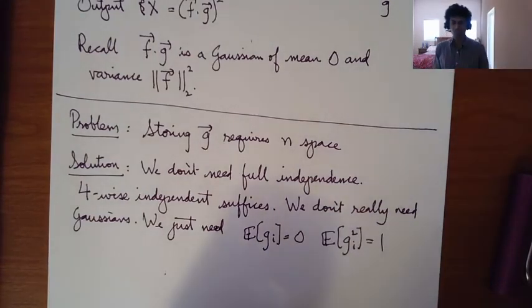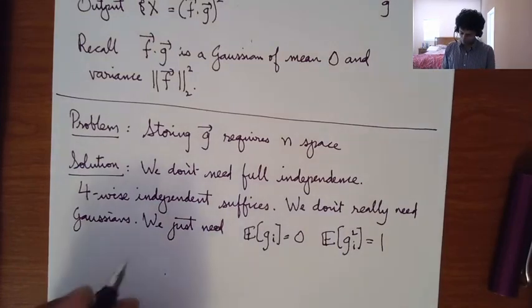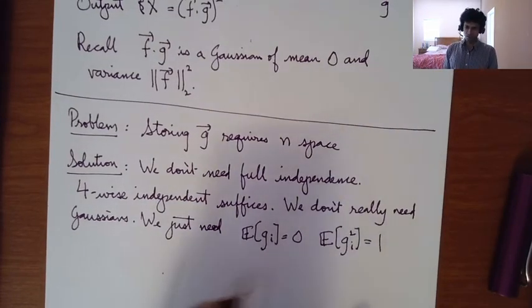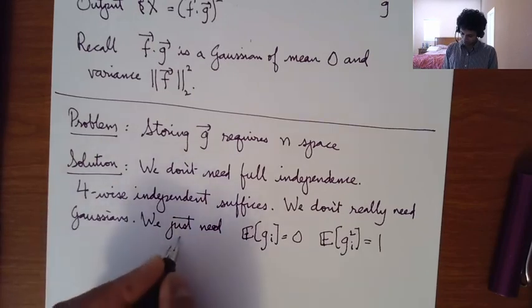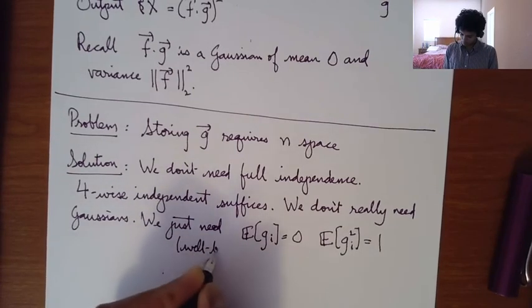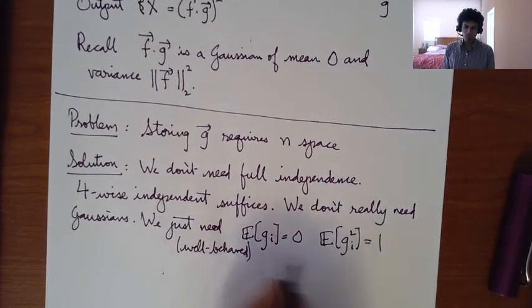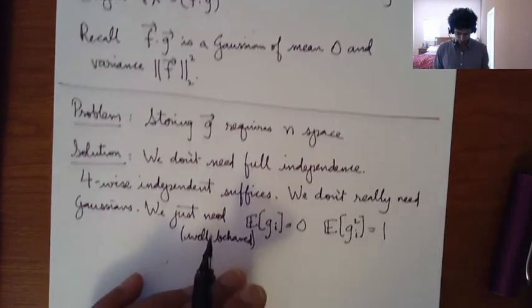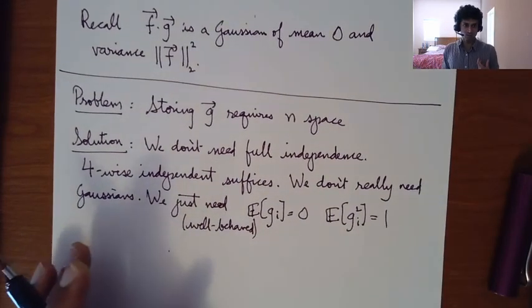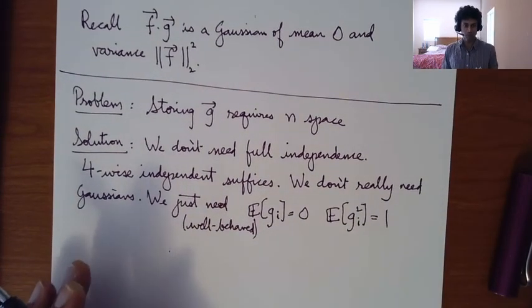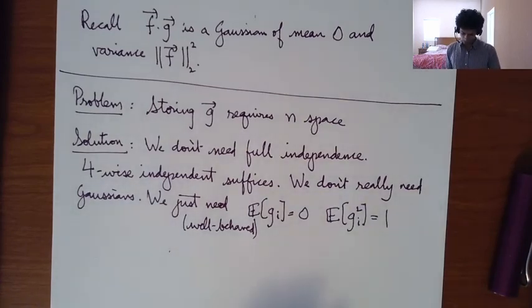That is, we just need random variables whose expectation is 0 and whose variance is 1, I should say well-behaved random variables. And it turns out it's even easier: you could just use -1, +1 random variables because these will have the right variance.